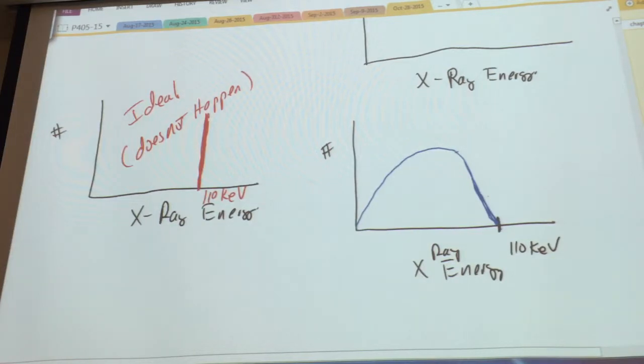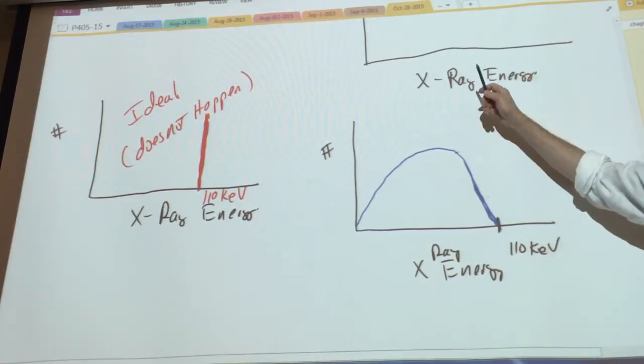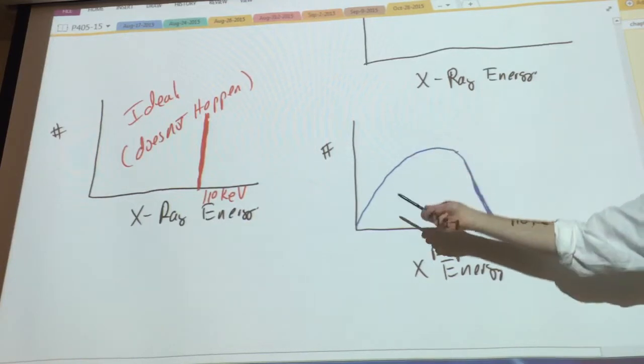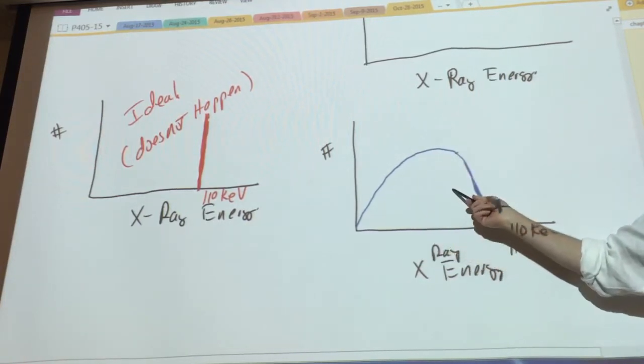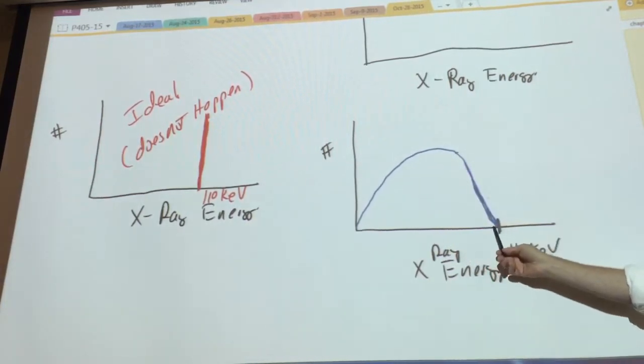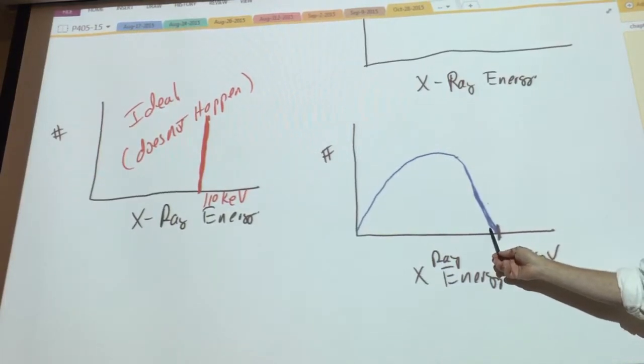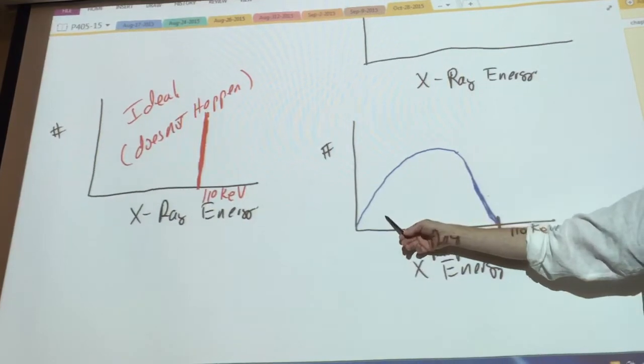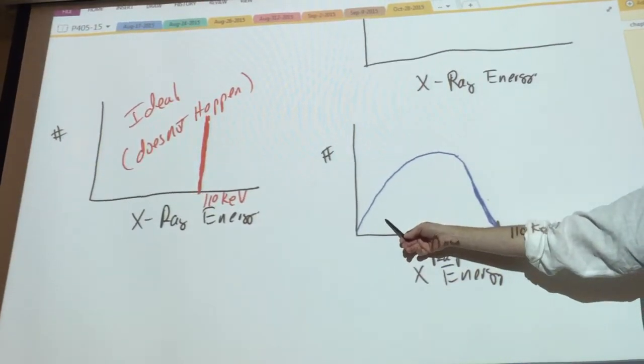So what is this graph telling us? It tells us we get very few high energy photons no matter what we do, and also that we get lots of low energy photons.